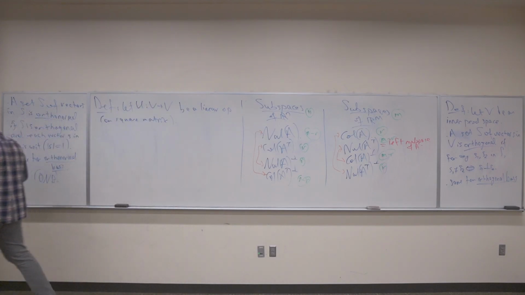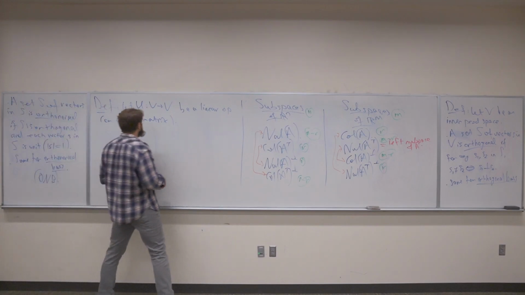Then I'm going to say U is orthogonal if U transpose U equals identity and U U transpose is identity also.